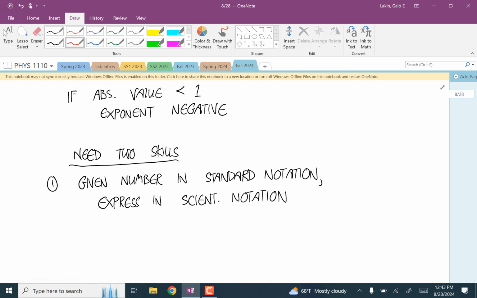And I'm going to do this sort of as I go. I'm going to show these steps with the number negative 541.6.